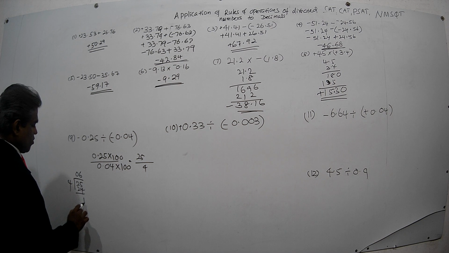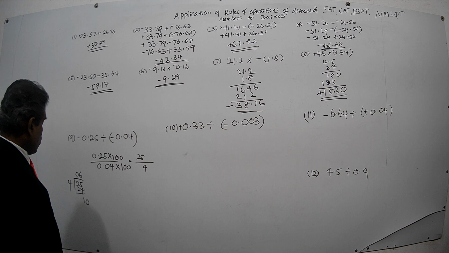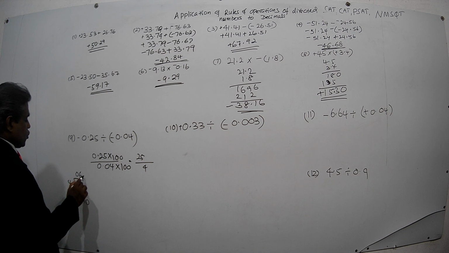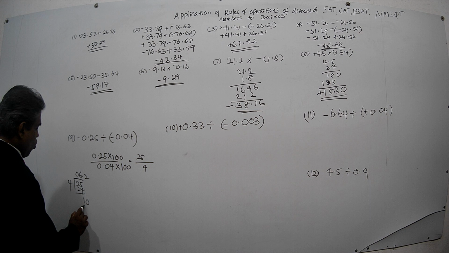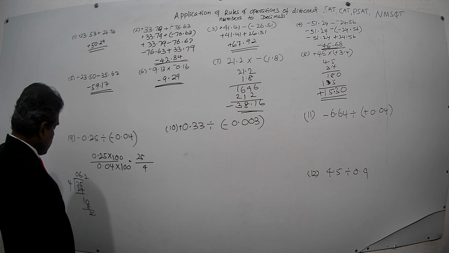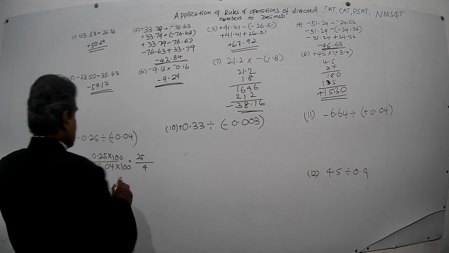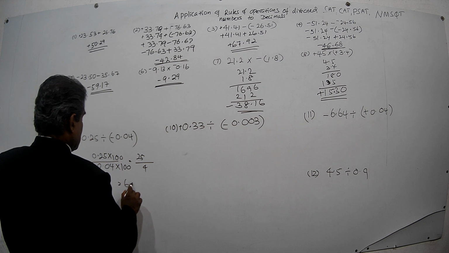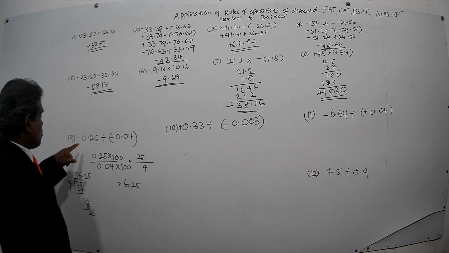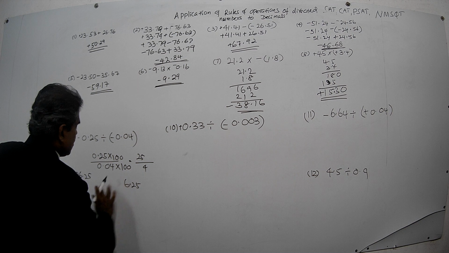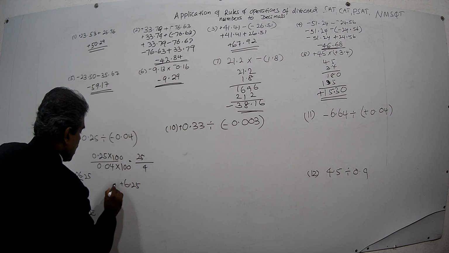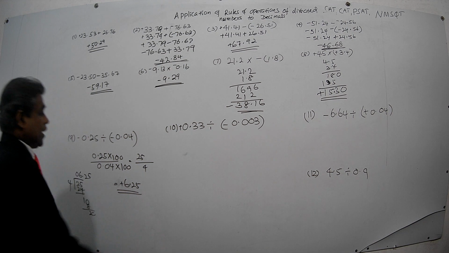Then 1 is left. Then 4 times 2 is 8. 2 is left. Take another 0. Then 4 times 5, 20. Then 6.25. The answer must be positive because we have divided two numbers of the same sign, right?